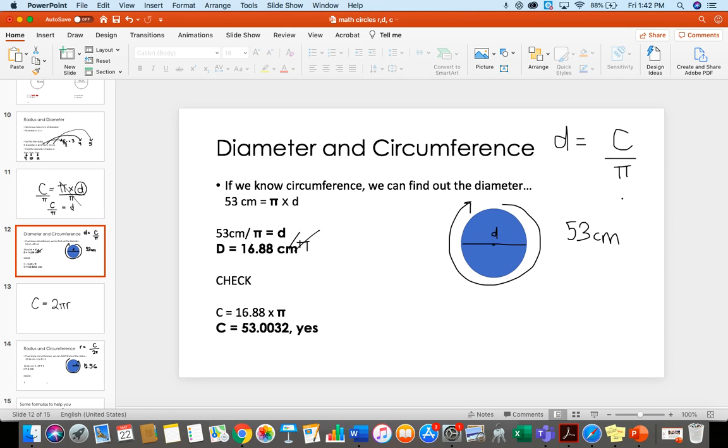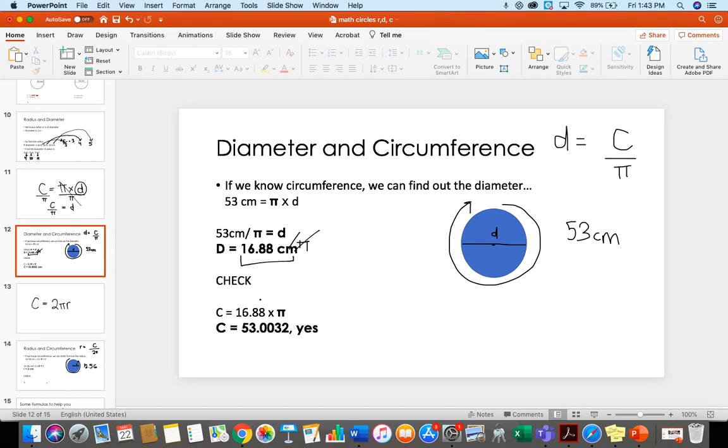So now that we know that and understand where it comes from, all we have to do is plug it in. I wrote the formula over here at the top. We know our circumference is 53 centimeters. If you divide it by pi, or 3.14, you get a diameter of 16.88 centimeters. So now you might be wondering, okay, well, how do I know if that's true? All you have to do is check.